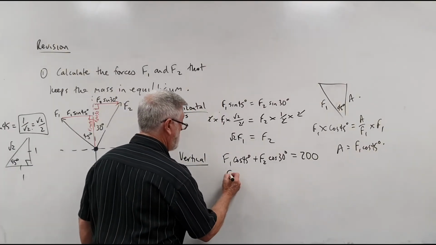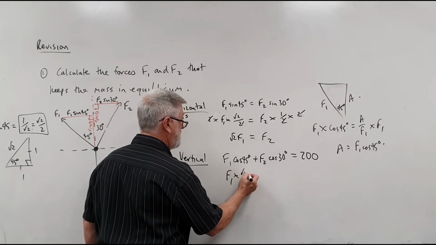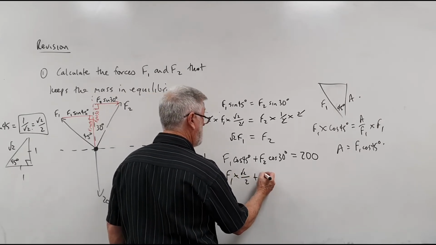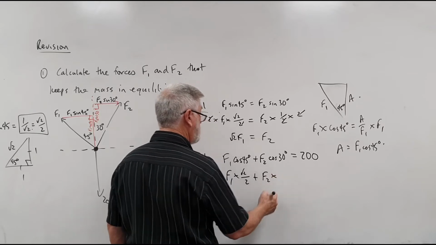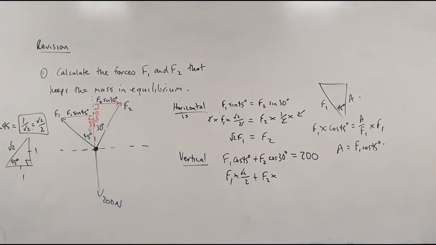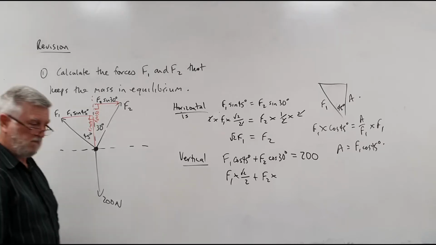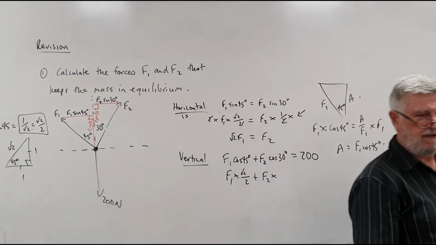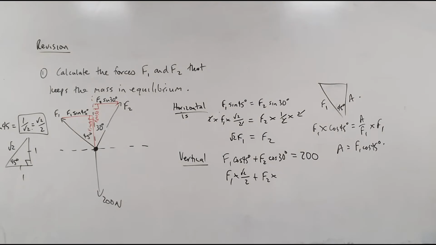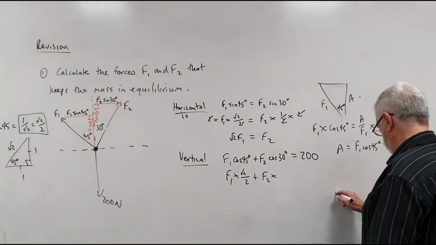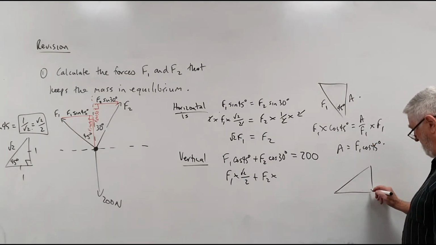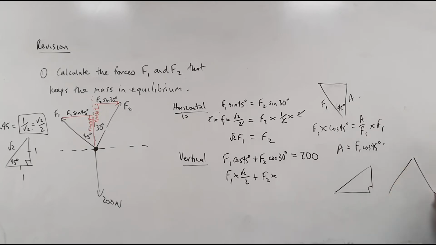So again, when we write that as a root 2 on 2 instead of 1 on root 2, cos 30 is? Do you know it off by heart, or do you have to stop? Isn't it 1 over root 3? It's root 3 over 2, isn't it? Yeah. So if you're ever stuck, you just go back to your triangle. Now a lot of people draw it as an equilateral triangle.